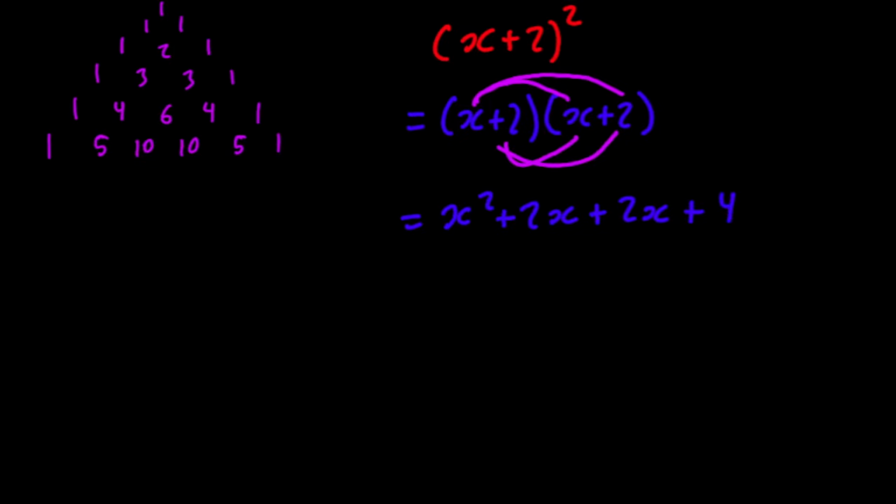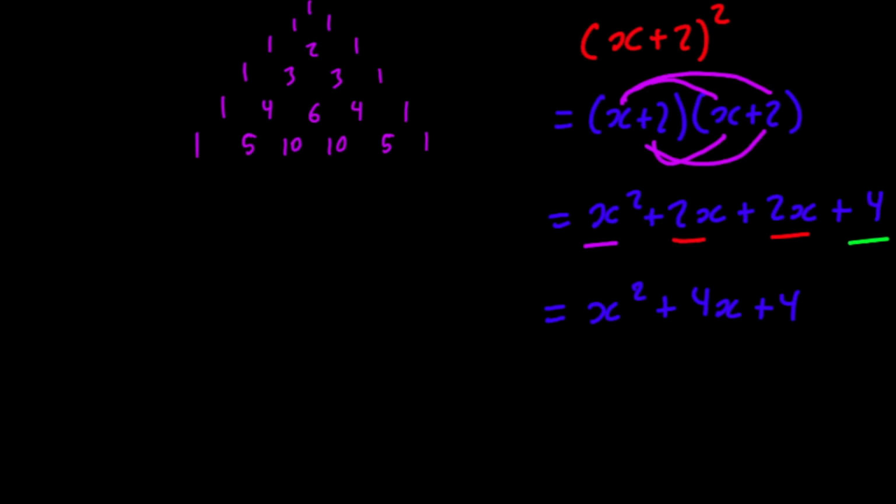And then you simplify the like terms. So there's x squared, there's 2x and 2x, and finally 4. So you get x squared plus 4x plus 4.